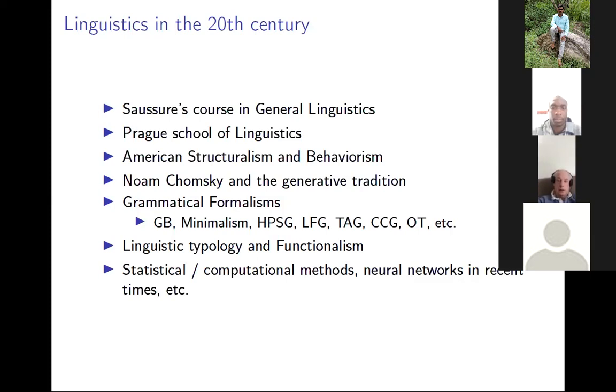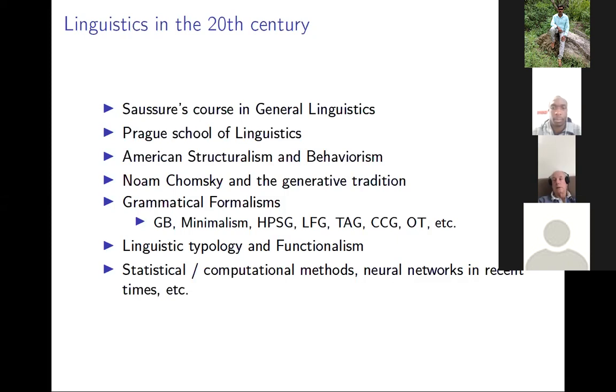Around 1957 is when Chomsky's Syntactic Structures was published, and he pioneered a new kind of tradition which focused more on the cognitive aspects. He said structure is good, but the structure has to be grounded in some sort of theory about the biological foundations of language. So Chomsky came up with this notion of innateness of language.